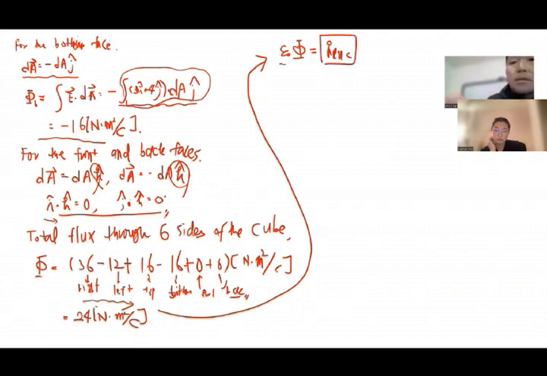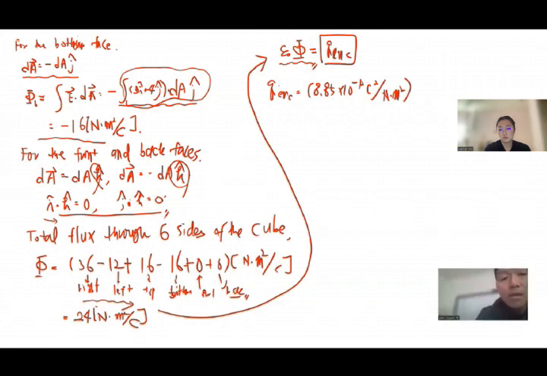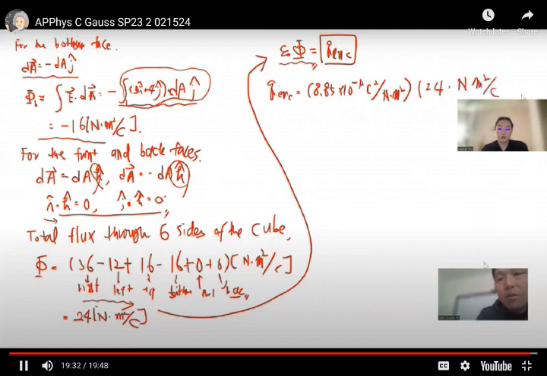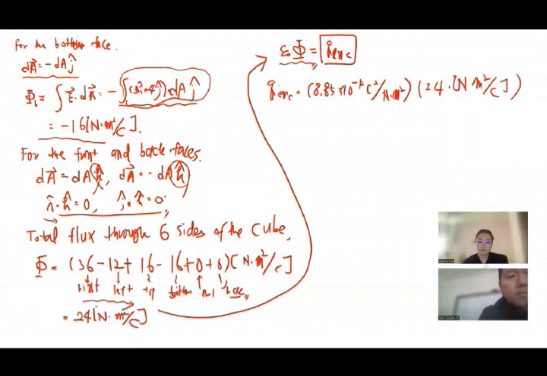So we multiply epsilon, 8.85 times 10 to the minus 12 coulomb squared per Newton per meter squared, by the total flux of 24 Newton meter squared per coulomb. From that, the net charge inside this Gaussian cube should be 2.1 times 10 to the minus 10 coulombs. Cool.